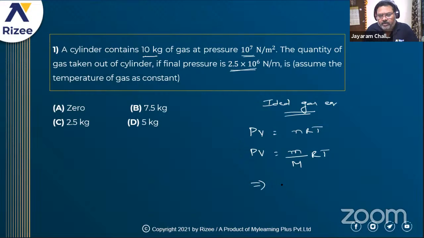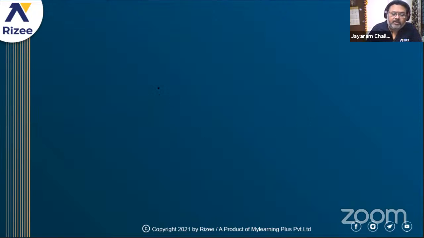So from this we can say that P is directly proportional to the mass. From this relationship, M2 by M1 is equal to P2 by P1.